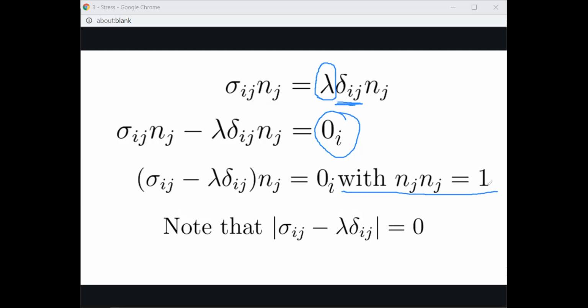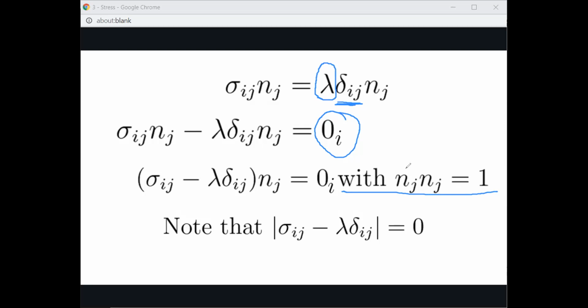What does that mean? I'm saying that the vector nj, or the first order tensor nj, has a magnitude of 1. Why? Because it is a unit normal vector. It is a unit vector, right?